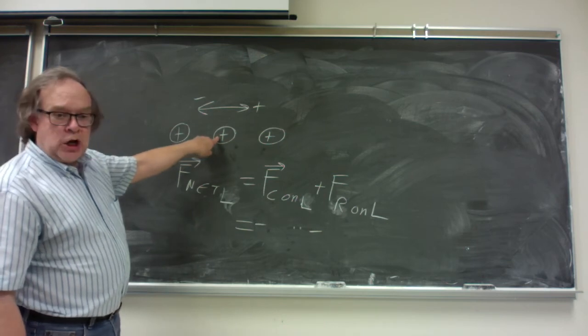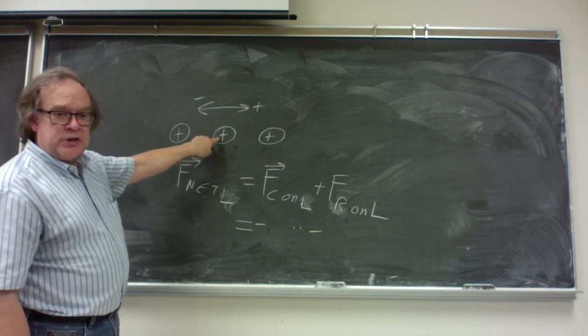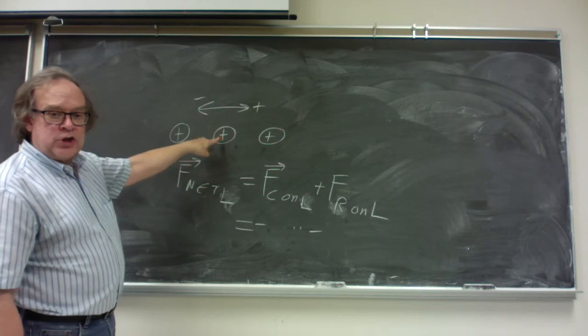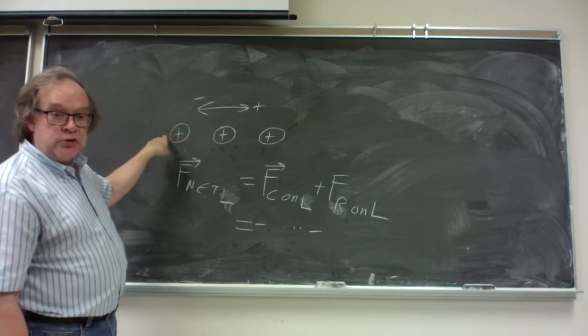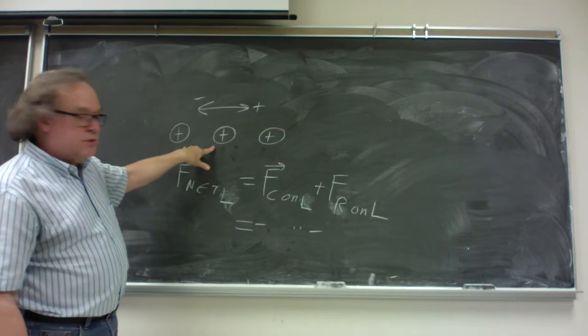Here's 1 unit of charge. Imagine the force from the center charge on the left charge. 1 unit of charge acting on 1 unit of charge, and they're just separated by 1 step.